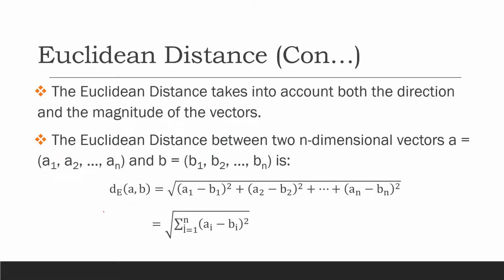Now we will look at how to calculate the Euclidean distance between two objects. Let's think about the previous example. We have two attributes, height and weight. Student 1, for easy understanding, his height is 1 meter and his weight is 10 kilograms.